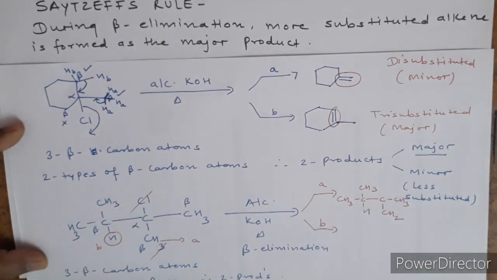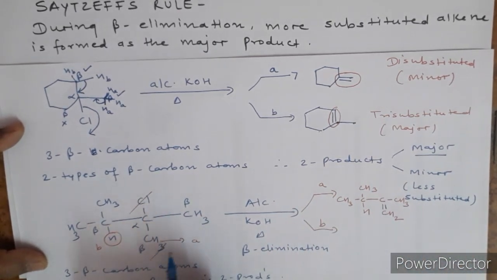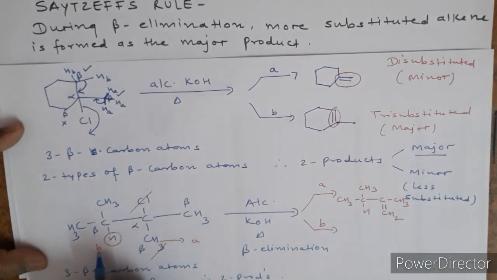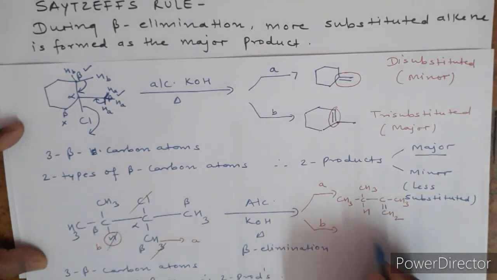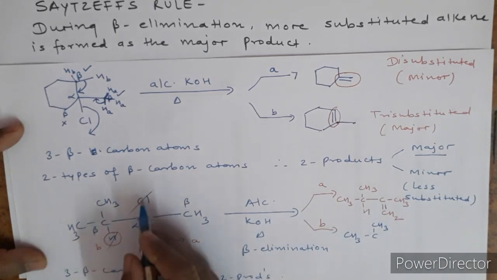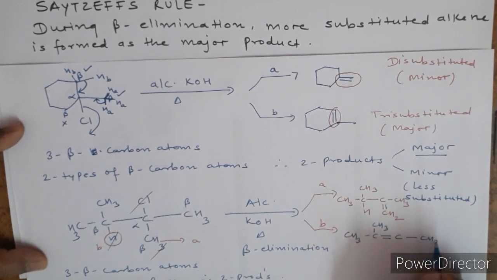In the same manner, the second probability also you can try out by knocking out the H and the Cl. So you'll get this answer. Alright, so we'll just draw it this way, double bond is coming here. And the whole structure is drawn very systematically.